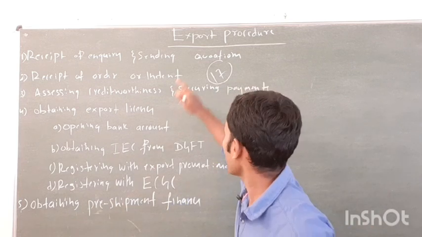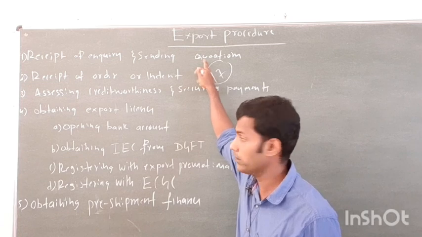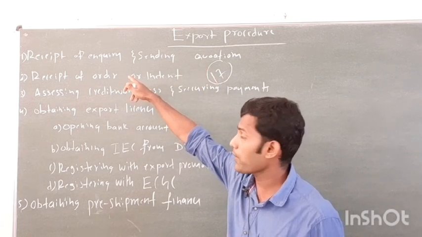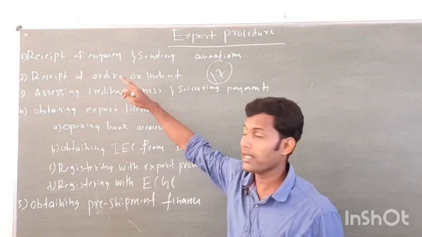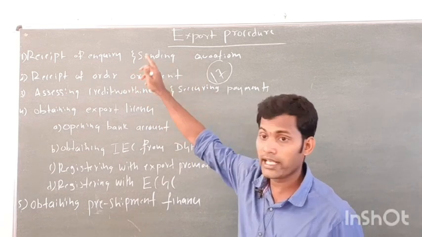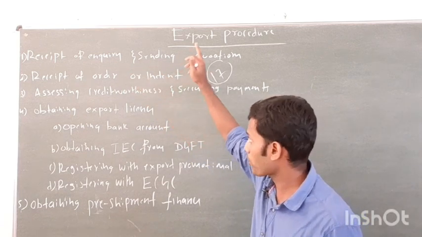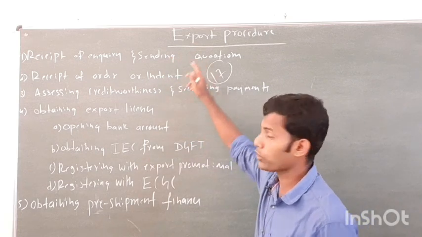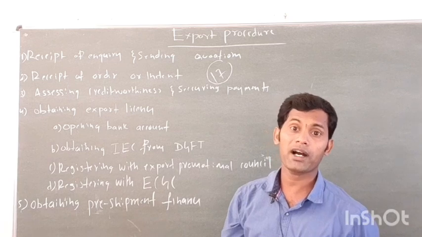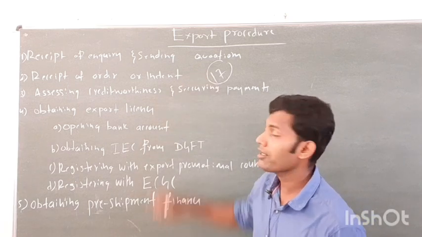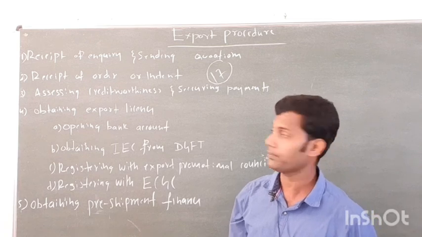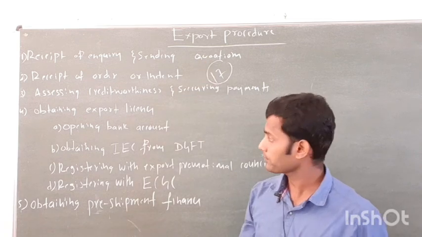Here the exporter receives the inquiry from the importer, then after studying the inquiry and product details, the exporter sends a quotation. It is called pro forma invoice. The quotation or pro forma invoice is given by the exporter to the importer. That is the first step.